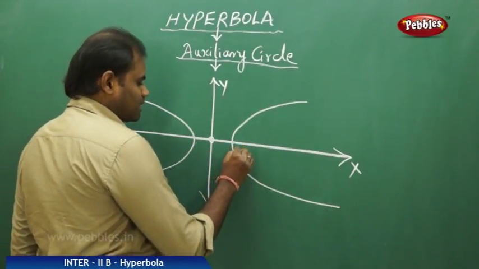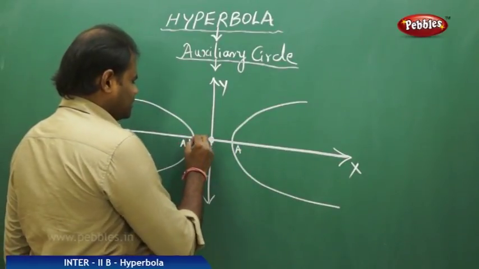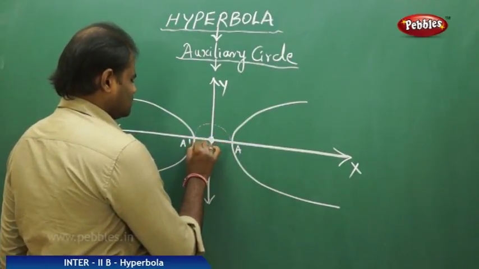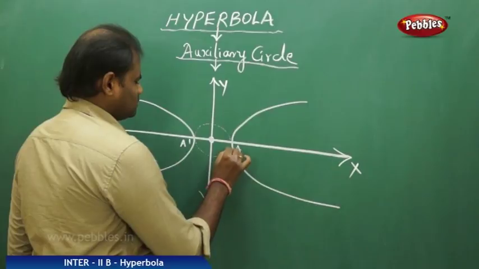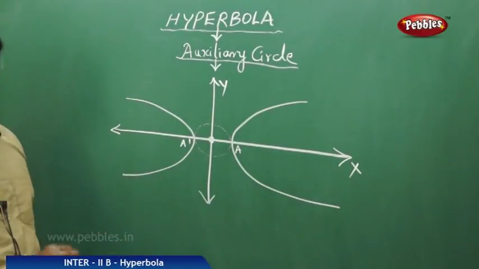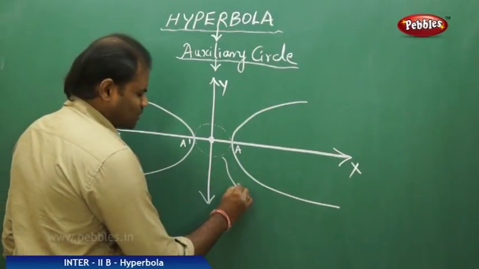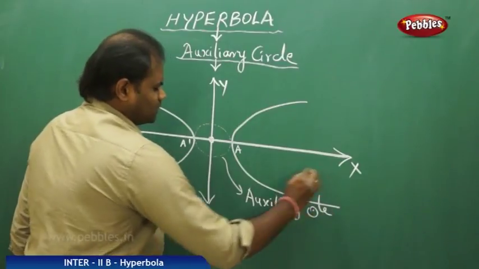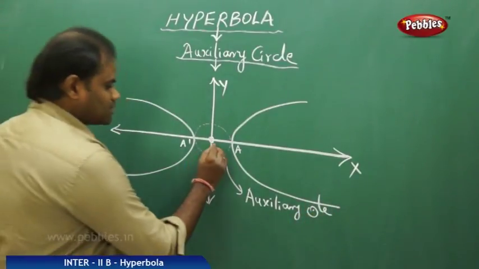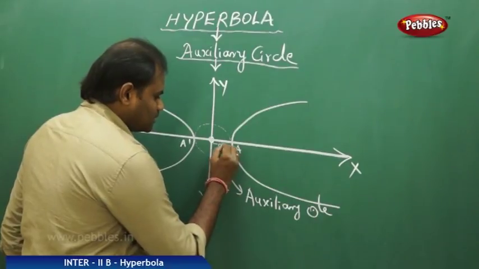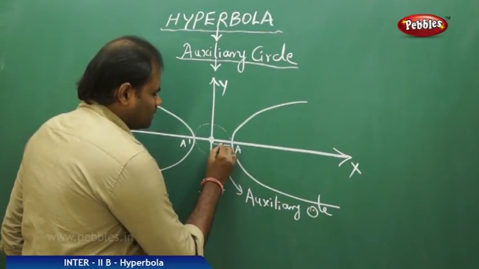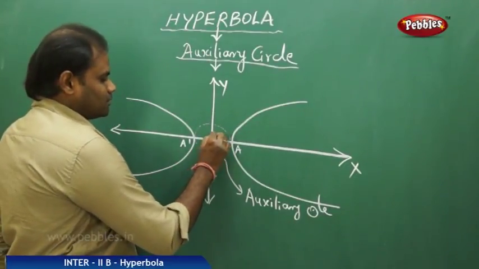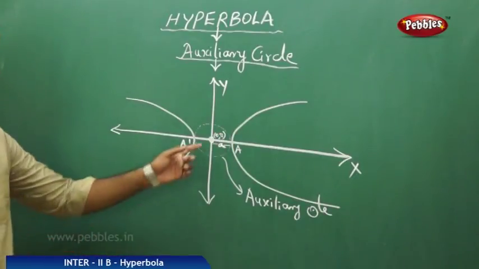If I take the diameter A and A dash and describe a circle along that, we call this circle the auxiliary circle. Its center is the origin and its radius is simply A, since the distance from the center to A is small a.